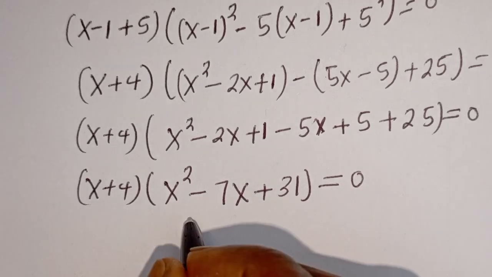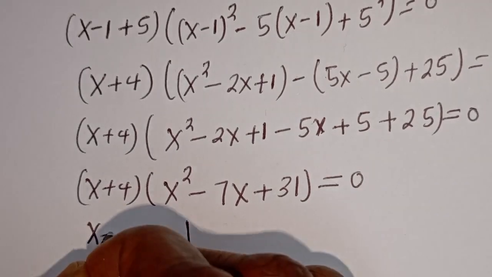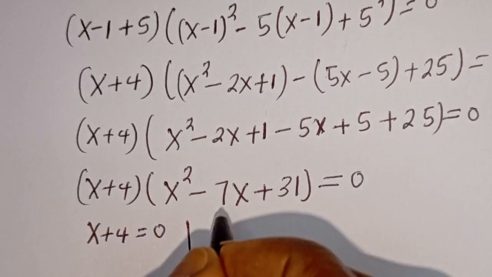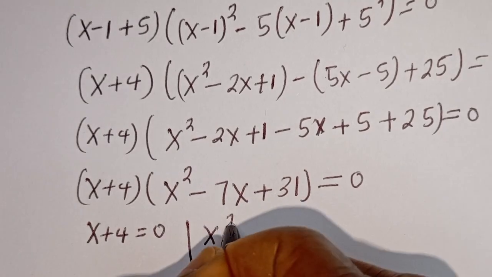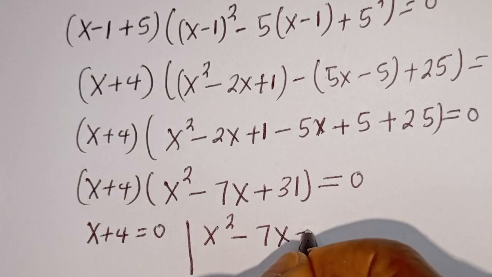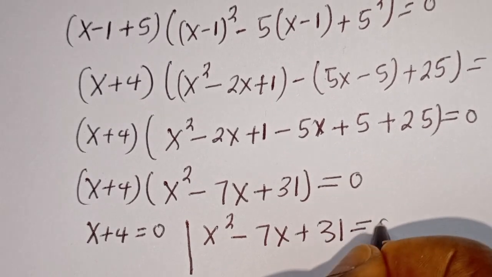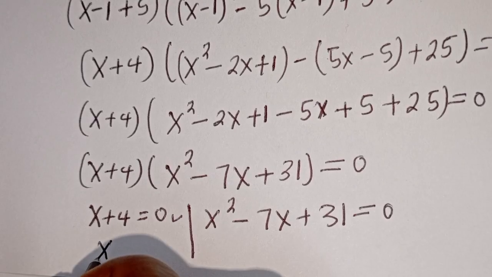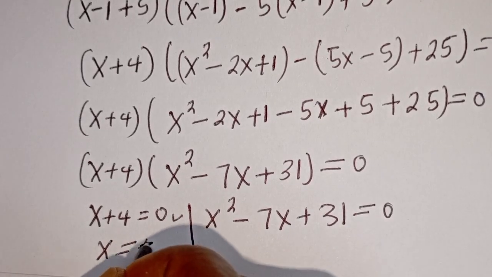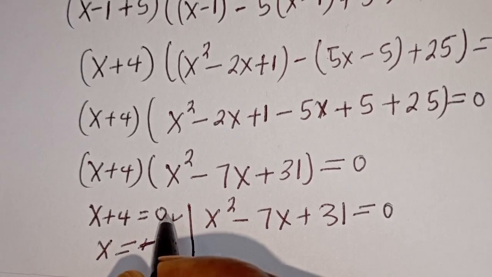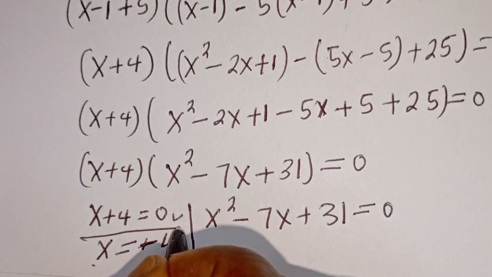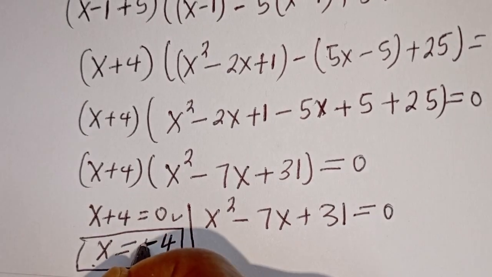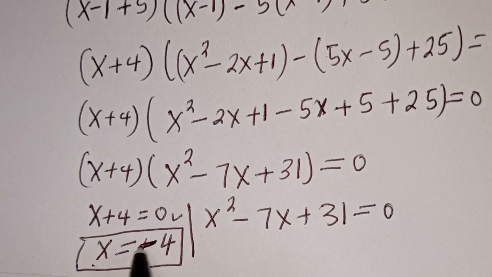The first case is x plus 4 equal to 0, and the second case is x squared minus 7x plus 31 is equal to 0. And from here, x is equal to minus 4. This is the first value of x.